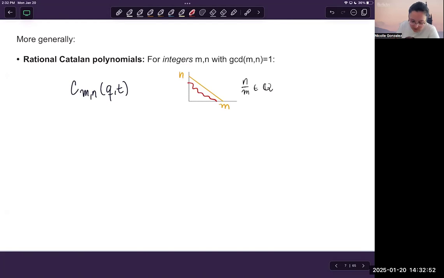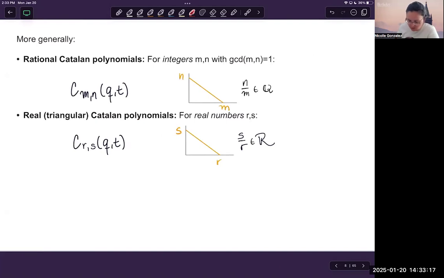And indeed, we have the so-called rational Catalan polynomials, where you allow the intercepts to be any integers, so that the slope is some rational number. And generally, you take the GCD to be 1, but that's for computational reasons. And so when you do this, you end up with the so-called rational Catalan polynomials.